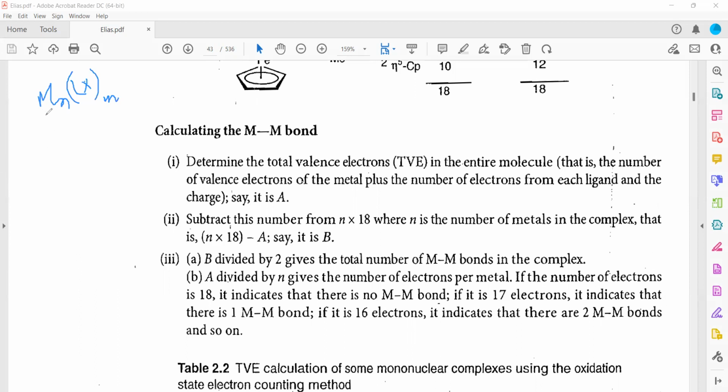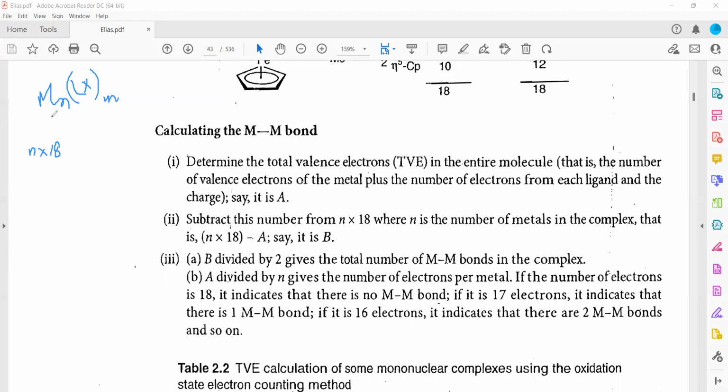So for that, first of all, for each metal in a complex, you need 18 electrons to be fulfilled for stability, right? So for n metals, how many electrons do you need? N into 18, right? So this is the total number of electrons you need to make that complex stable.